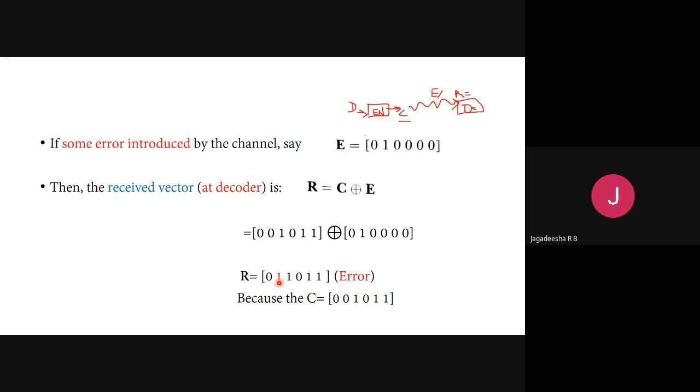So this indicates there is some error because R and C are not the same. From this equation, we can conclude that if the error value is 0, then R is equal to C. Here R is not equal to C, which means there was some error. So the error is in the second position. By comparing this, you can conclude.